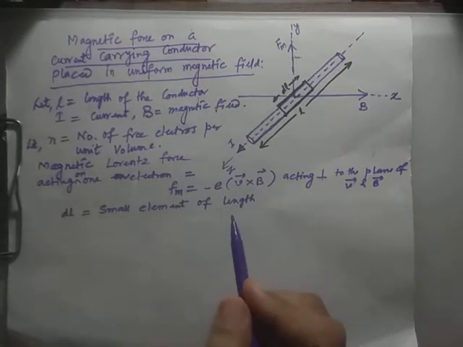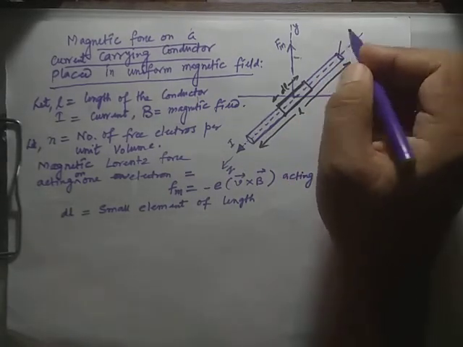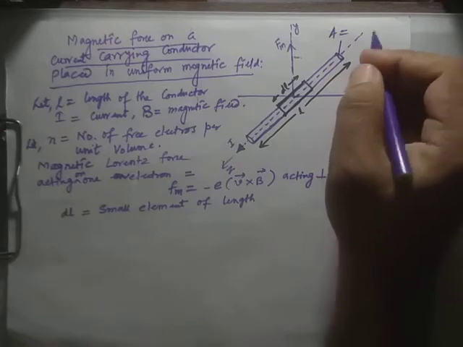Now, what is the volume of this portion? One more thing I forgot to tell: A is the area of cross section.